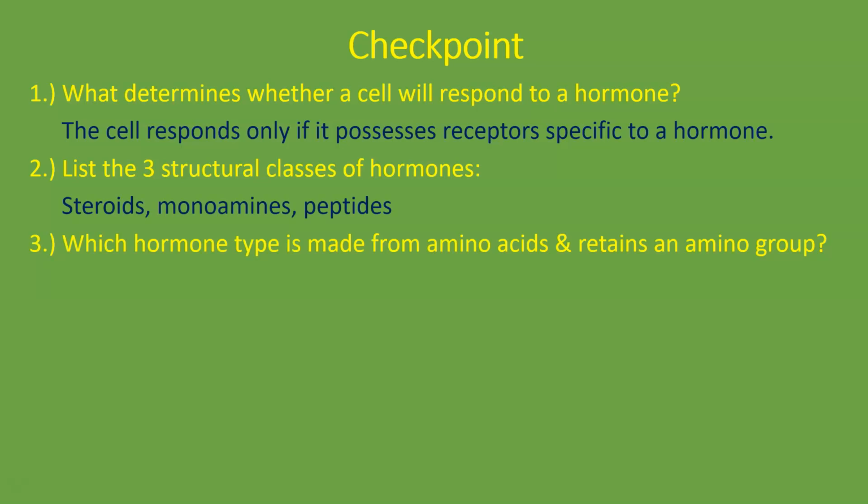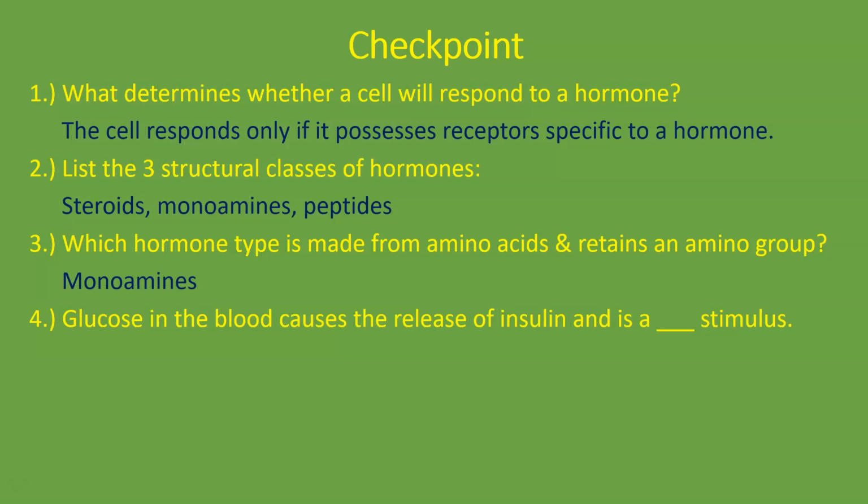Number 3, which hormone type is made from amino acids and retains an amino group? Well, the best answer there is monoamines. I suppose that you could possibly say peptides, but the difference between the peptides and the monoamines is that the peptides are bigger.